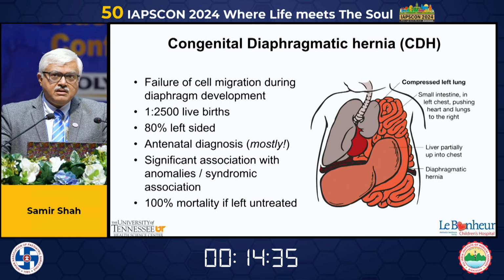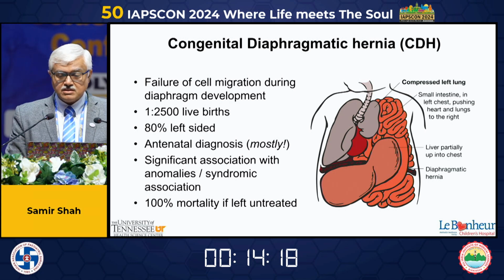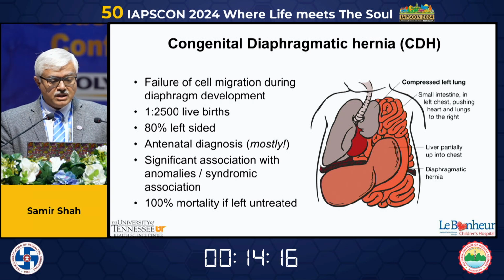And even in the United States or in many of the developed countries, you will still find that there are some cases that get missed, either because of poor antenatal diagnosis or lack of antenatal diagnosis, which may sound surprising, but not to us. CDHs are also associated with significant anomalies and syndromic conditions.